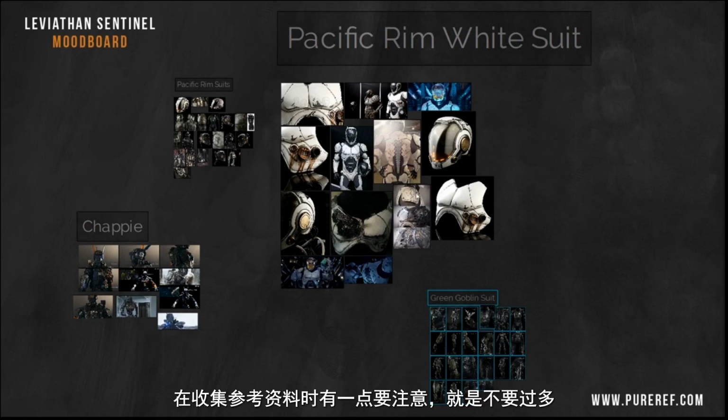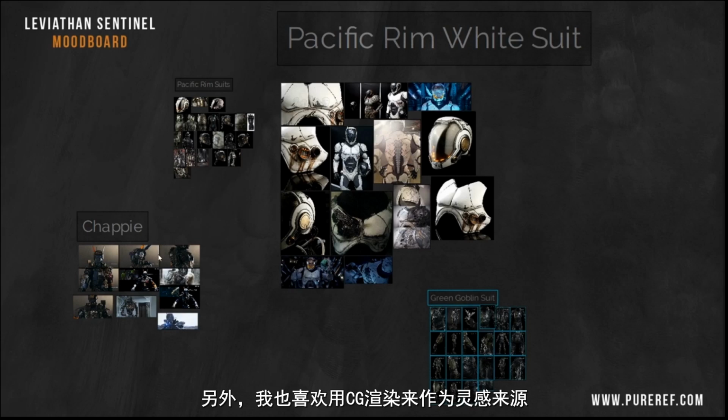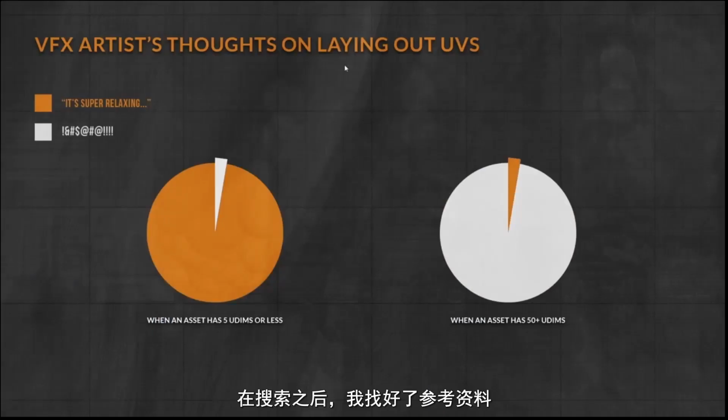One thing with references is you have to be careful to not have way too much, because sometimes you can get lost. What I usually do is have one main reference, and then some secondary ones. And I also like to have a CG render as my inspiration for the level of detail.